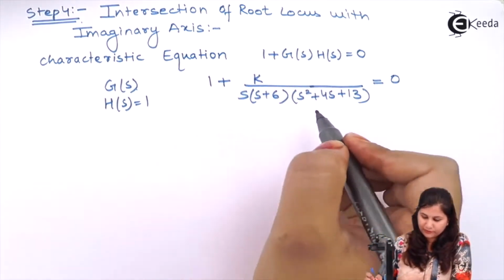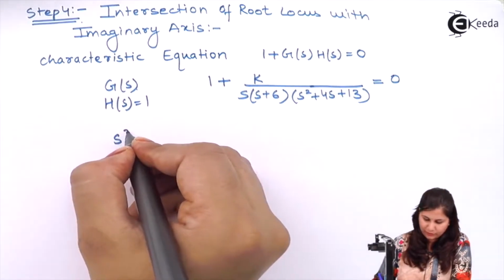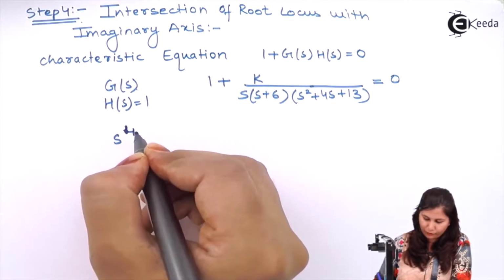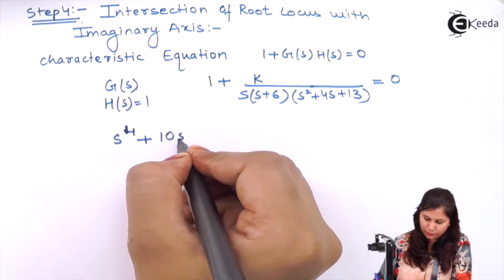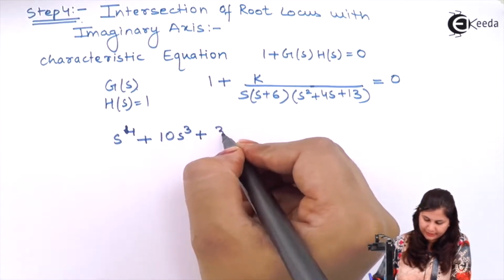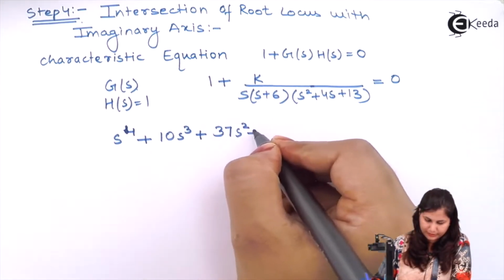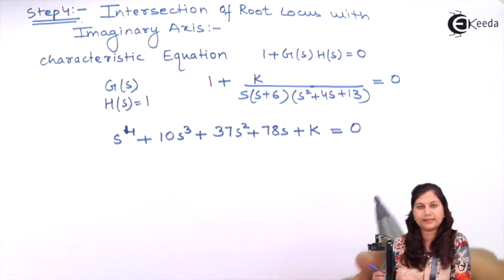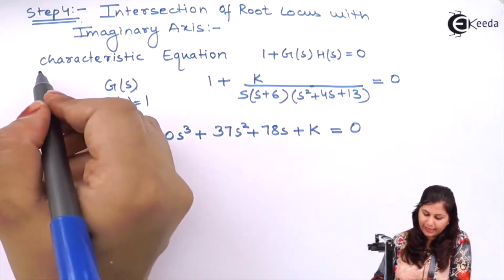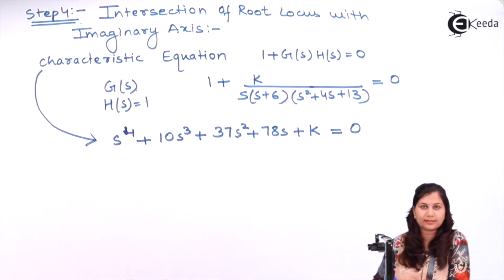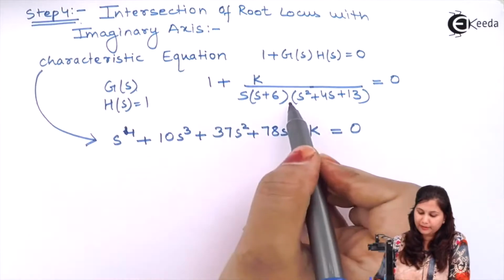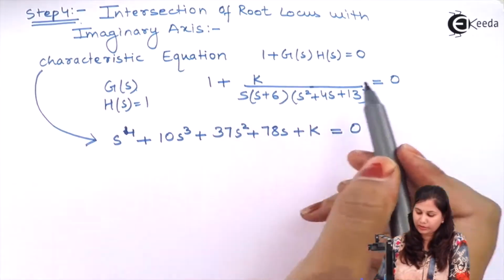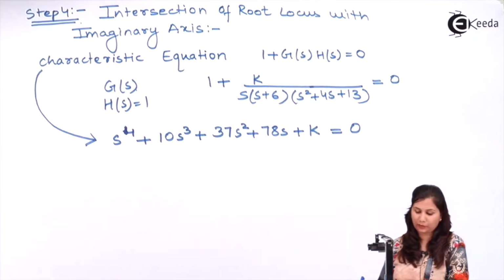When we solve this, we find the characteristic equation as s to the power 4 plus 10s cube plus 37s square plus 78s plus K equals 0. So this is the characteristic equation of this system. You just have to multiply this and find the equation.